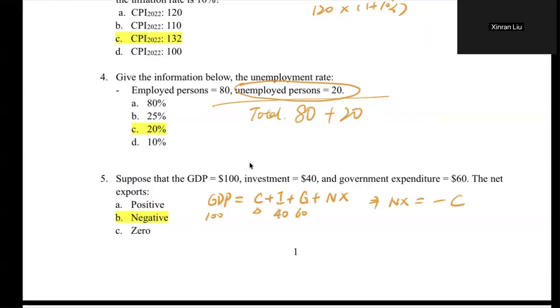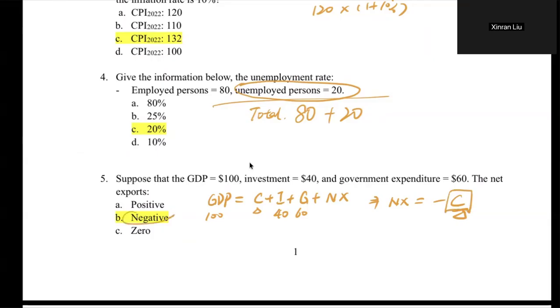So the key point is that consumption is always positive. Remember that if you want to live, of course you need to buy something to satisfy at least the basic life requirements. So C is naturally positive.